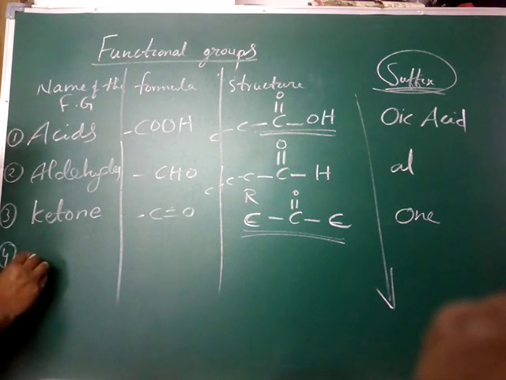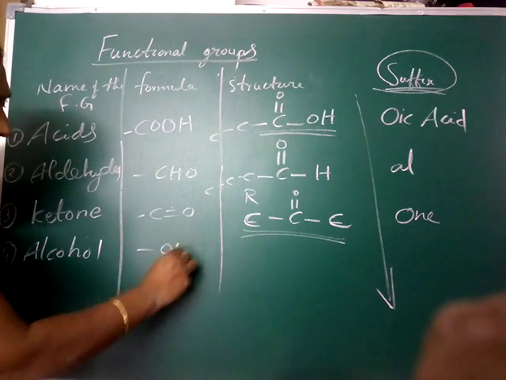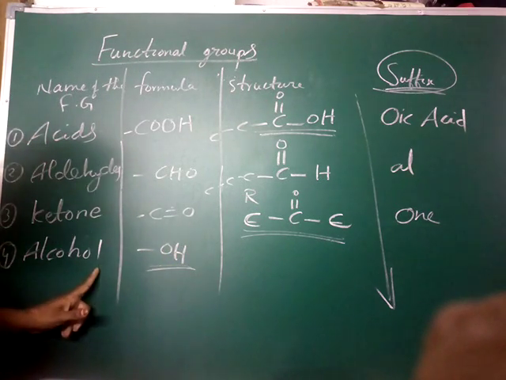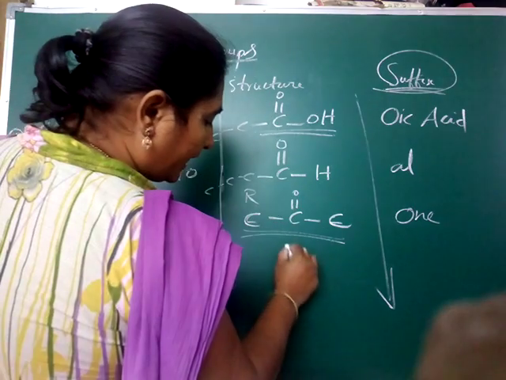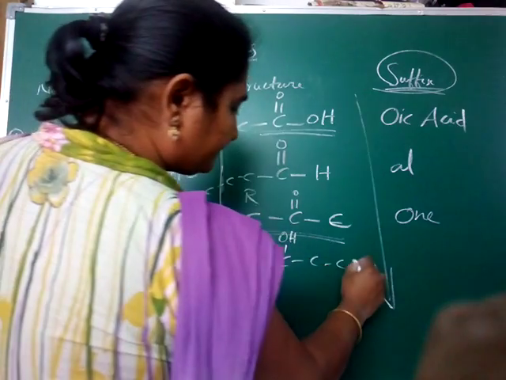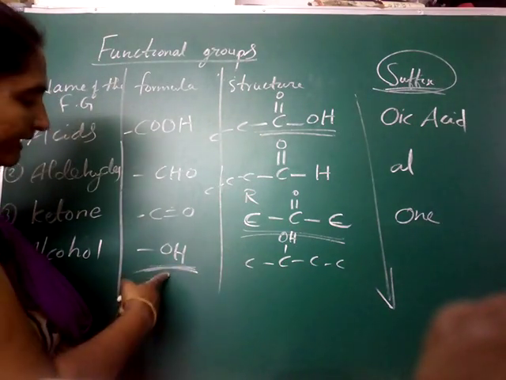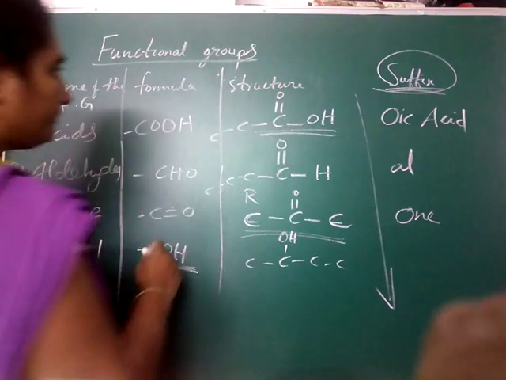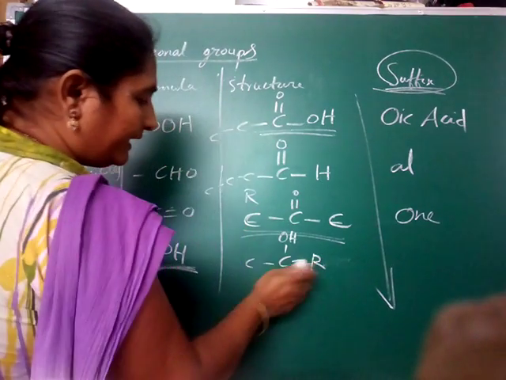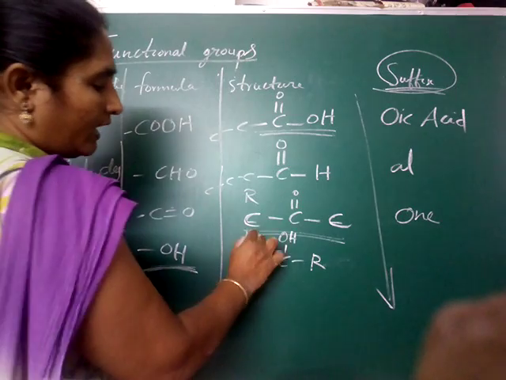And the next one is the alcohol. We already discussed this. If an OH group is present on the carbon, then it is called the alcohol. Here, on the carbon, OH is present. On this side there may be a carbon chain, and on any carbon an OH group may be present. Generally we write R-OH, where R is the alkyl group.